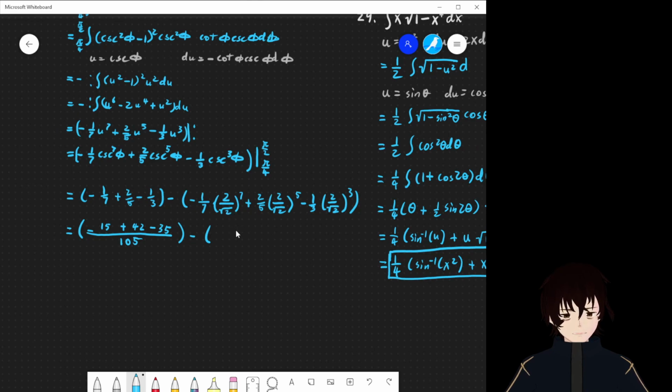2 to the power of 7 times 2 to the power of 3. This would be 2 to the power of 4 over root 2.